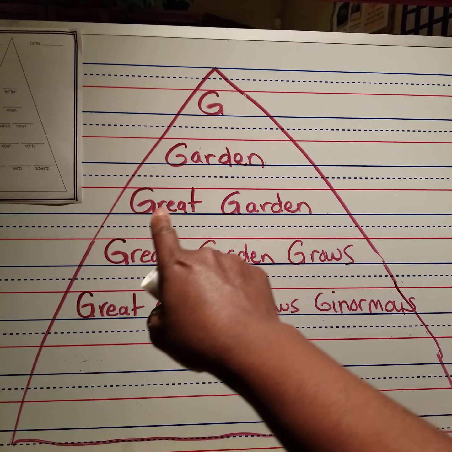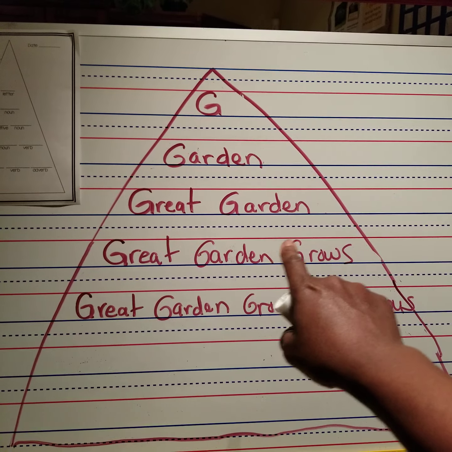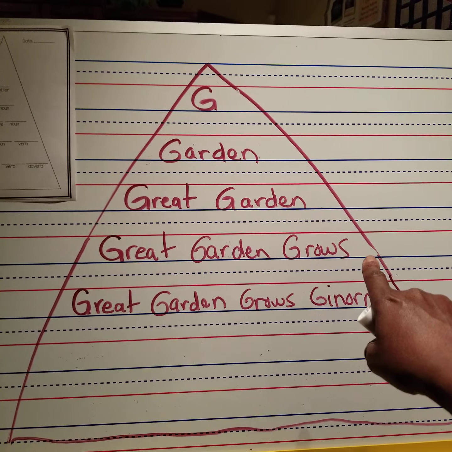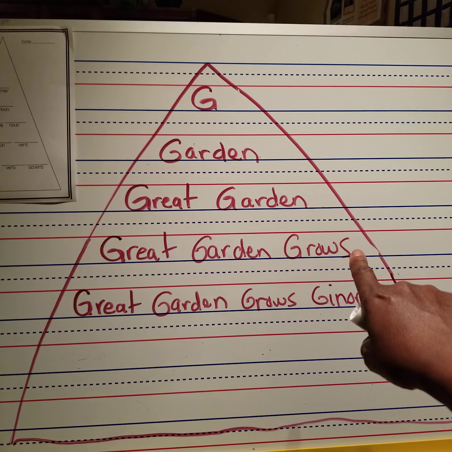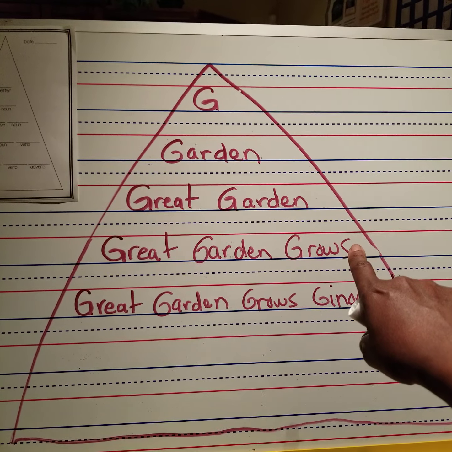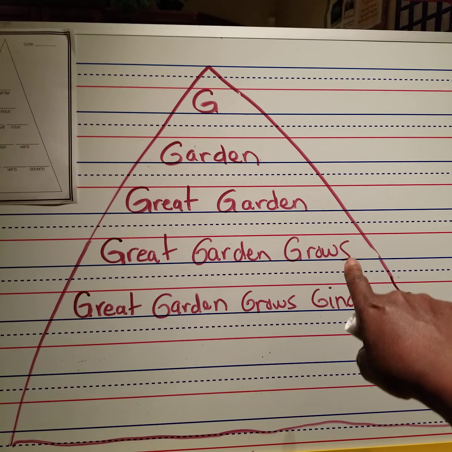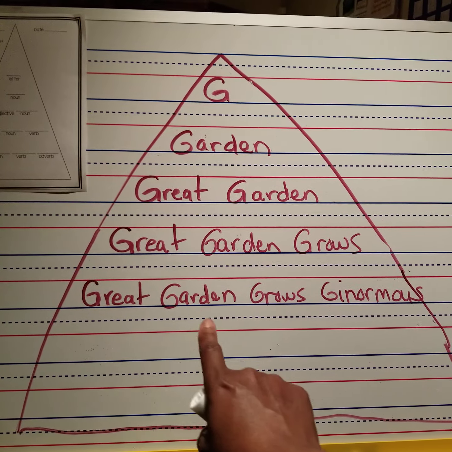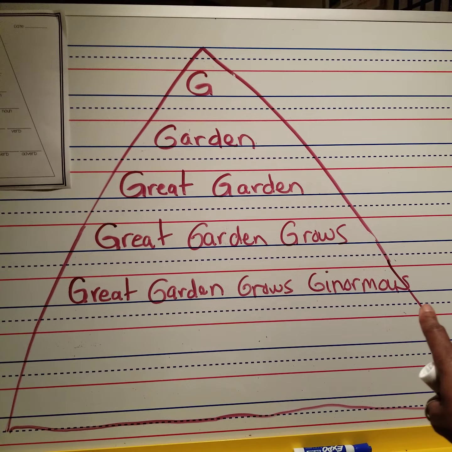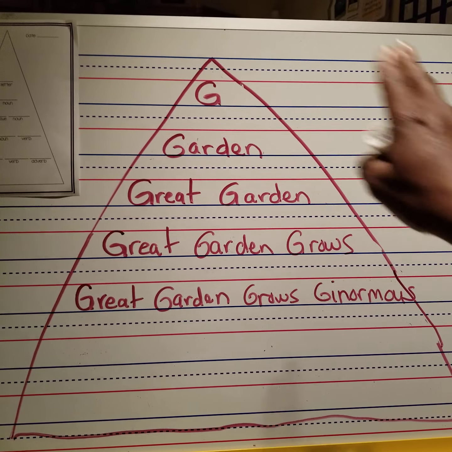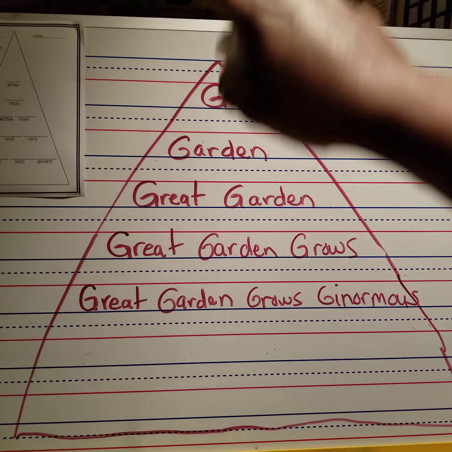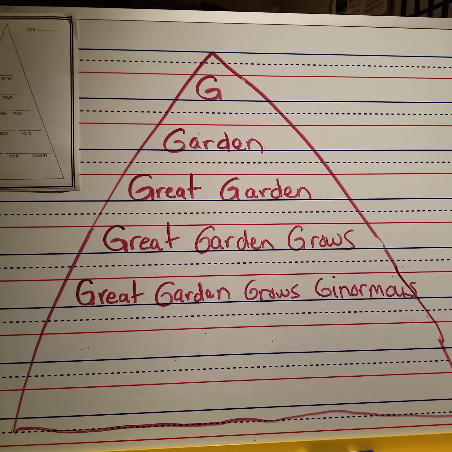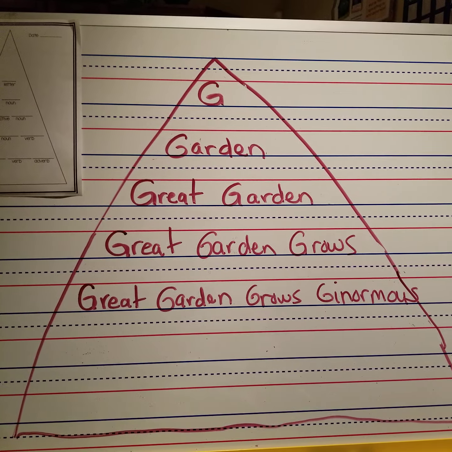So I wrote again, great garden grows, which is my verb. And now I need to add an adverb, which describes how my garden grows. So I write, great garden grows ginormous. And all of my words have to start with the letter that I choose at the top. So that's kind of fun, right?